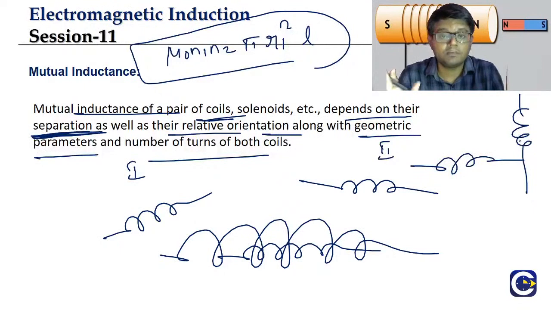We are not giving the proof for it; this is a general statement. The two factors that determine the mutual inductance in the general case are the relative separation between the coils as well as the orientation between them.